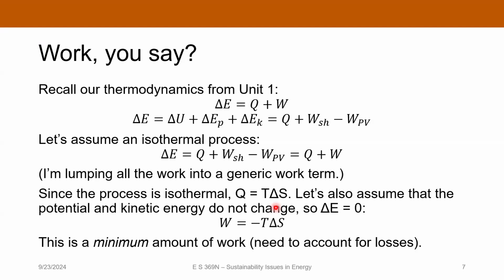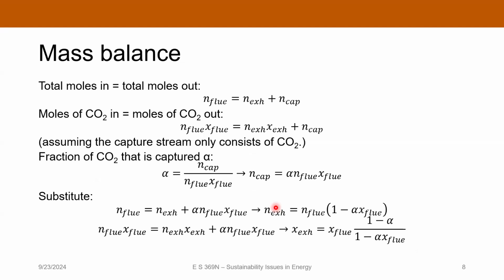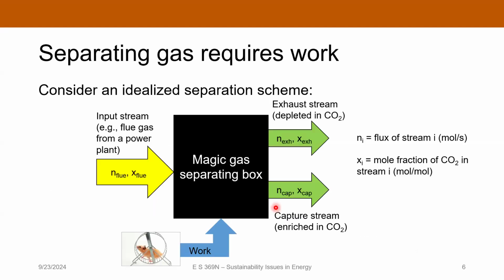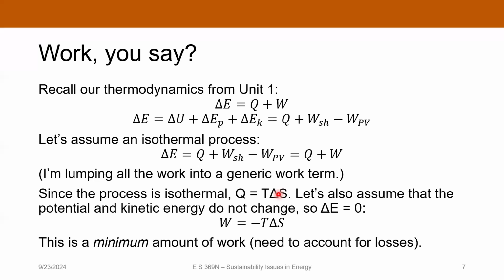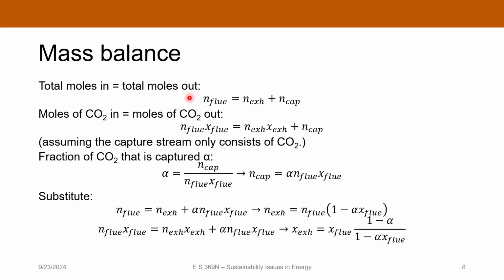Okay, so before we get to the entropy, let's think about doing a mass balance. So if we go back to our system here, we're not creating or destroying any mass in this magic box. So that means that the total number of moles coming in here on the left has to be equal to the sum of the total number of moles coming out the other side, okay? So that allows us to write this expression here.